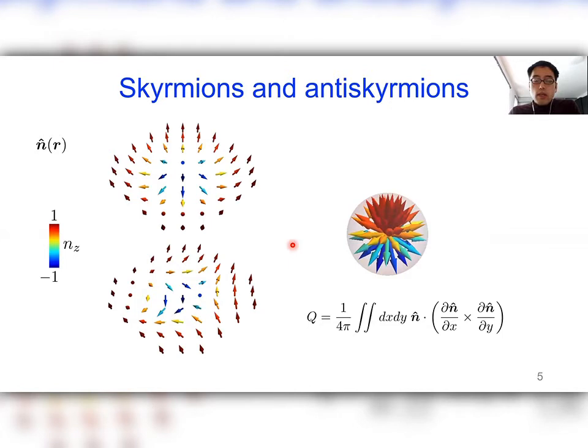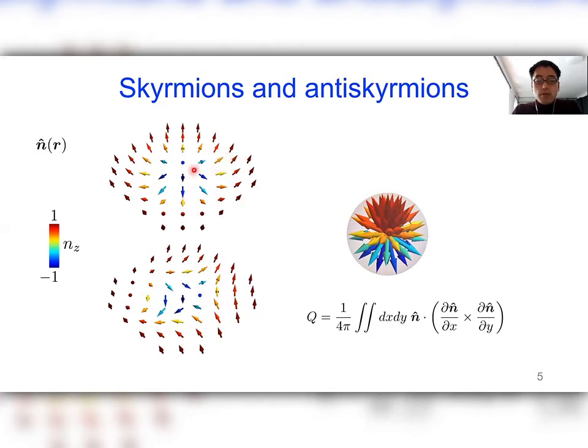So let me introduce skyrmions. Skyrmions are topological spin structures in magnetic systems, and here I show a typical spin configuration of a skyrmion, with the spins rotating from downwards to upwards as we go away from the center.